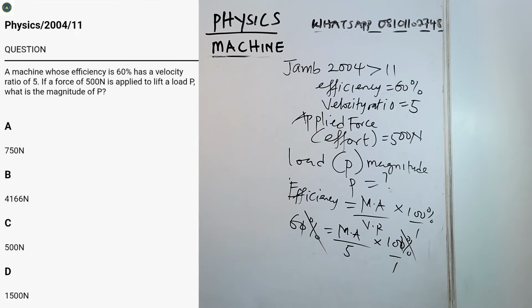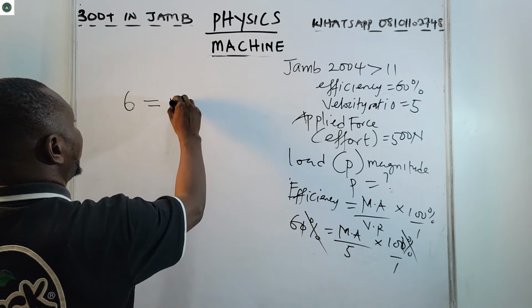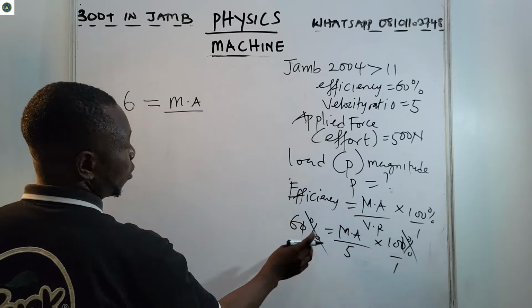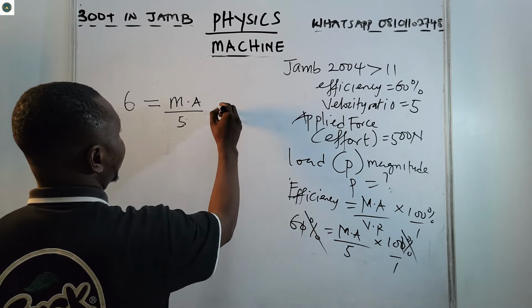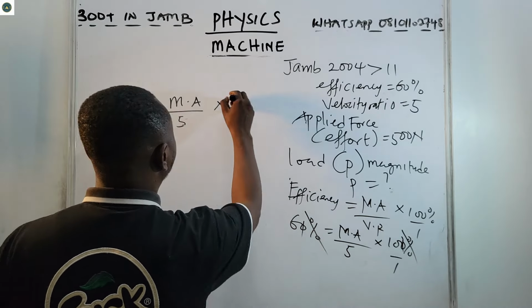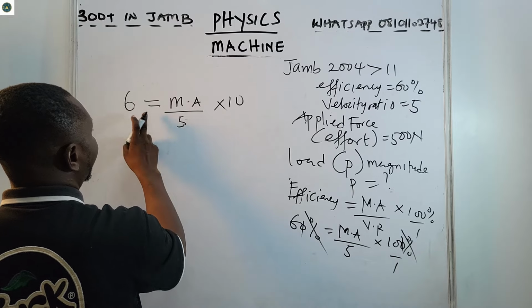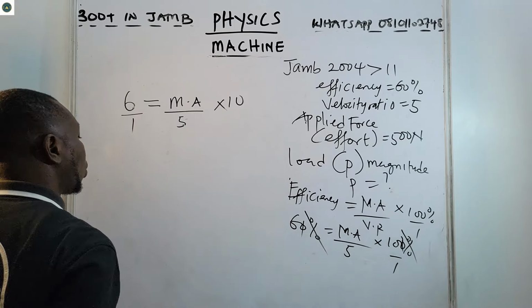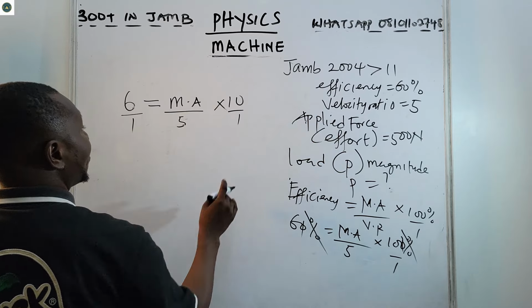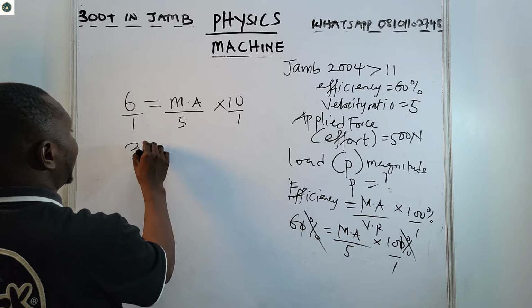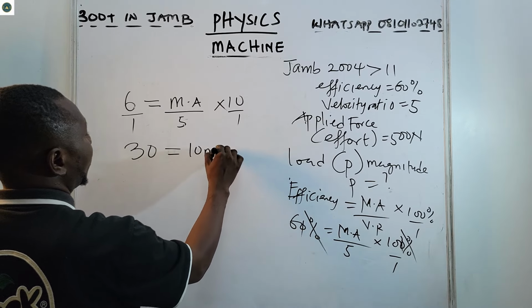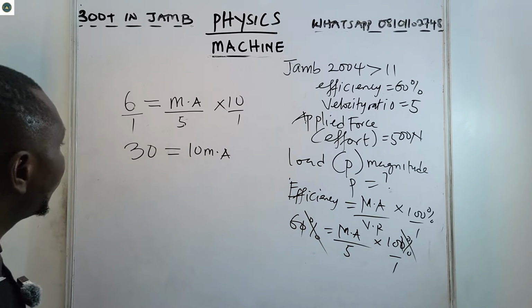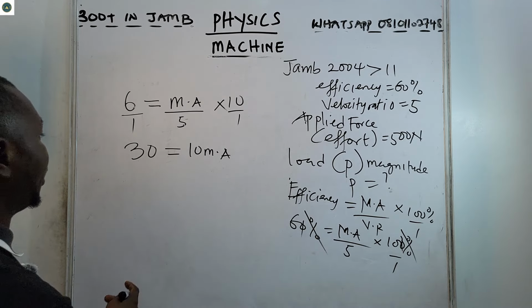So we are left with 6 equals mechanical advantage over 5, times 10. So 6 times 5, making it over 1 mathematically, we have 30 equals 10 MA.